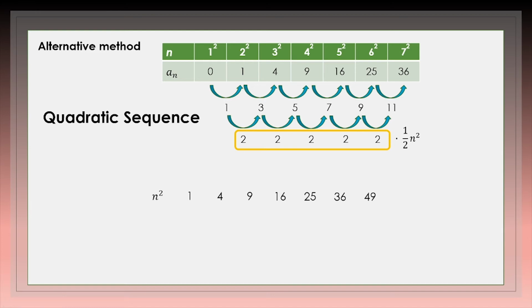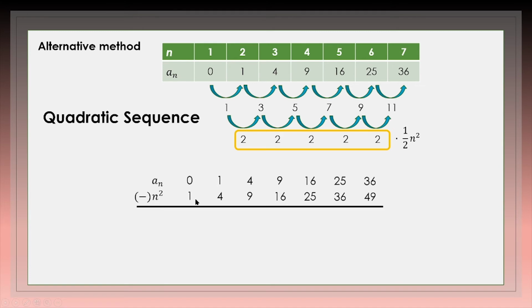Okay, what's next? Anong gagawin natin dyan? Okay, so we need to subtract it from the value of a sub n, or the original quadratic sequence. Okay, so subtract natin. Mangyayari dyan, magiging negative lahat ng n squared natin kasi ima-minus natin.